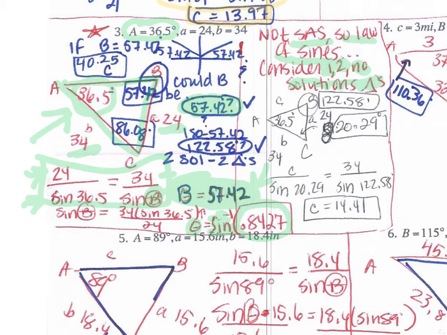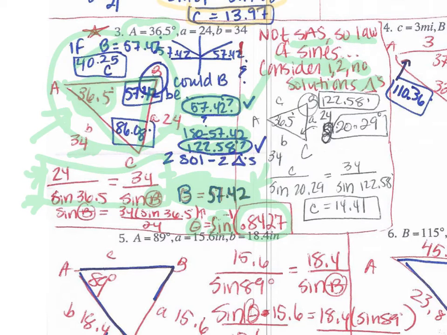And then could it also be 180 minus that angle, so could it be 122.58? You check: it could be 57.42, because when you add 57.42 with the angle already given, 36.5, that's under 180. So you're going to create one triangle, which we have over here.